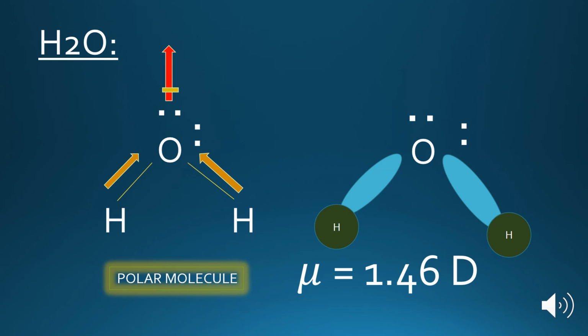So the dipole moment of water is equal to 1.46 D. We also know that the dipole moment predicts the molecular geometry. So in the case of the water molecule, we have an angular molecular geometry. Look here, this water molecule gives us an angular molecular geometry.